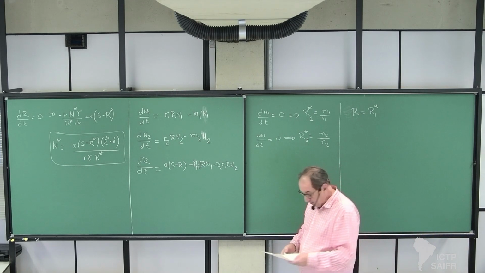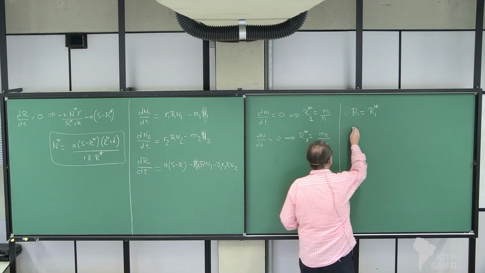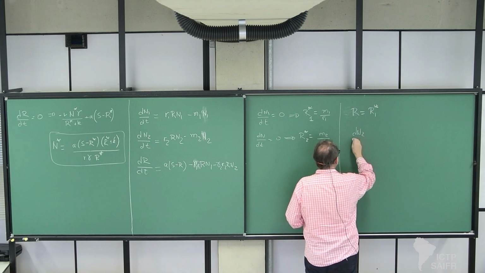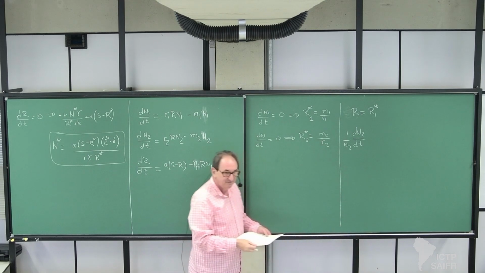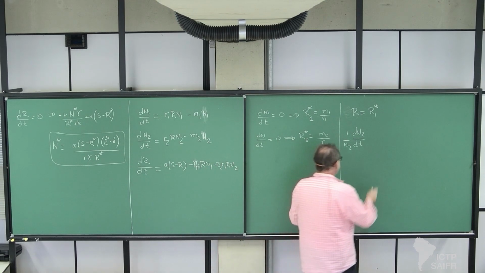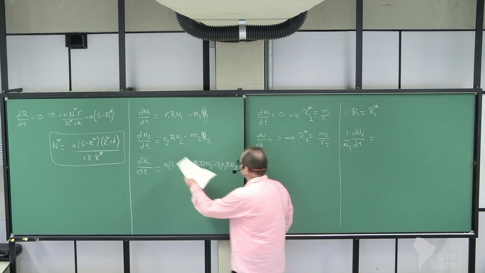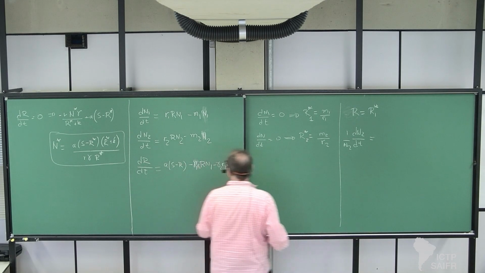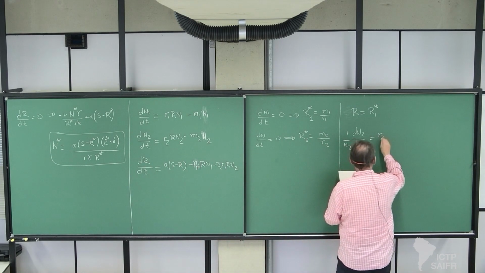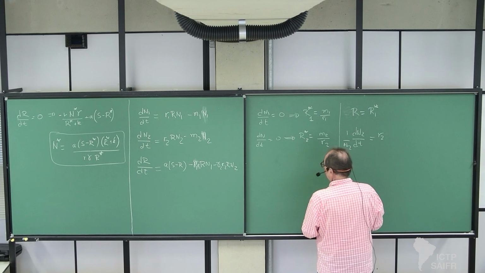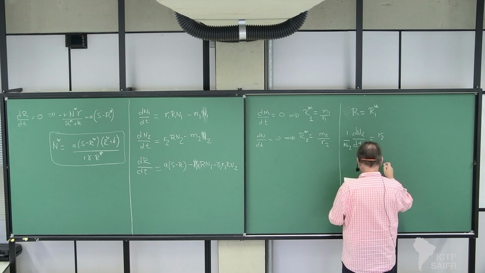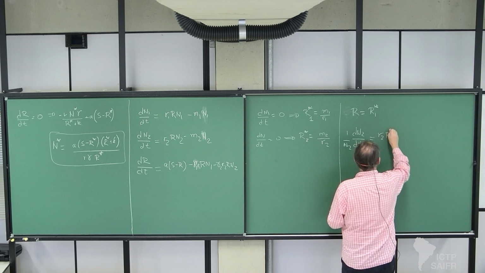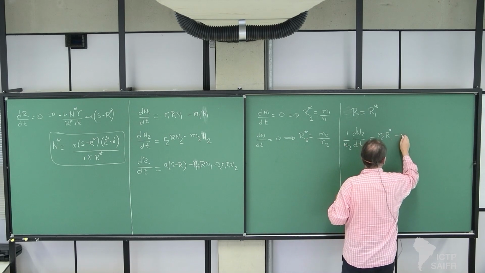So what we need to do is, I will write it this way. And this is very simple. This is with N2, this is R2, R2 times R1 star minus M2.